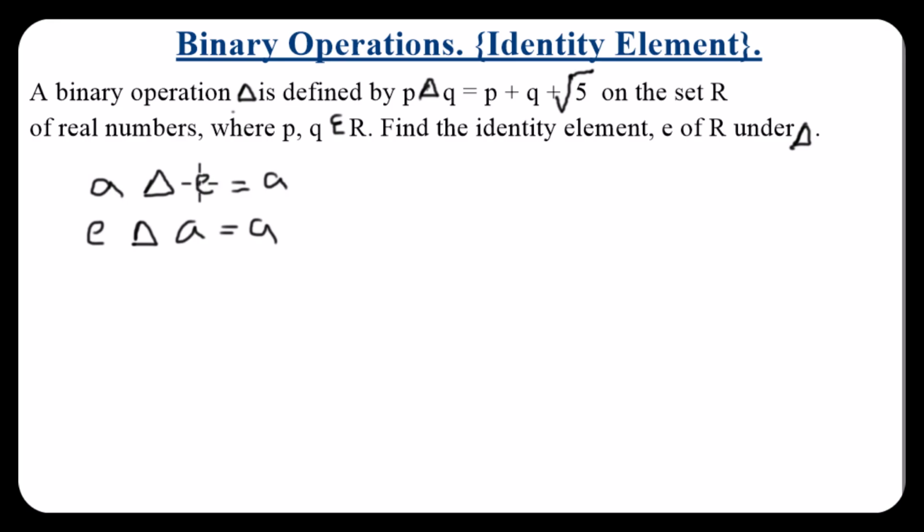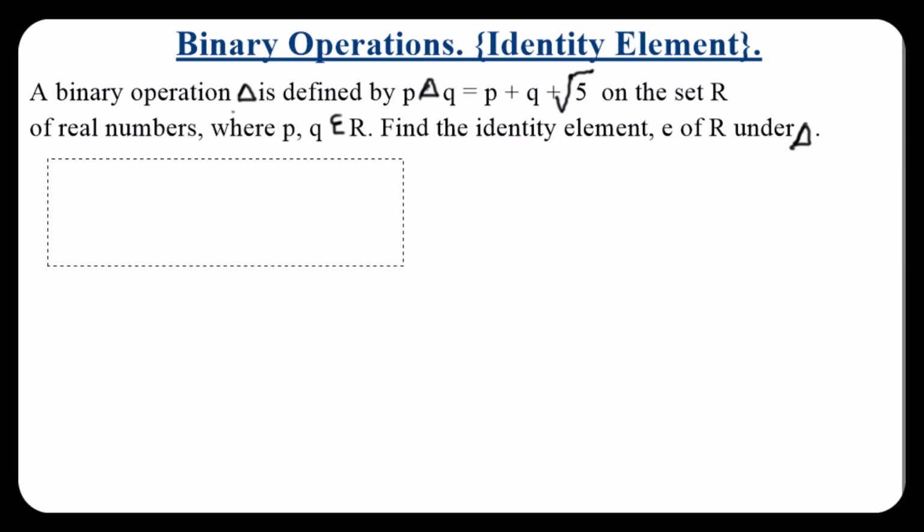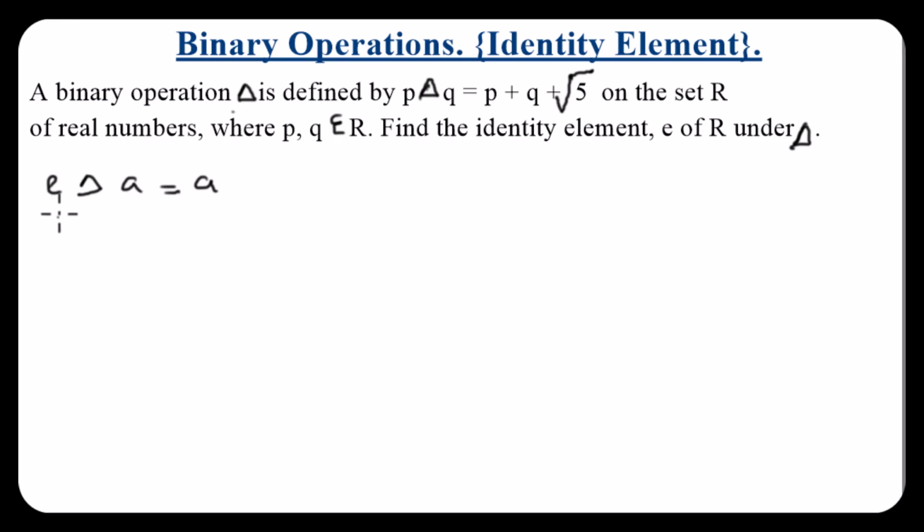Since we used the first one in the previous example, let's use the next one in this example. Let's clear this and write it smaller so that we have enough space to work with. So I want to write E delta A must be equal to A. E is my identity element, which is what we're looking for.